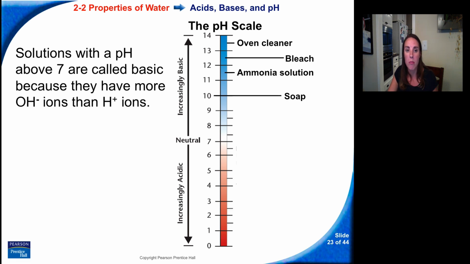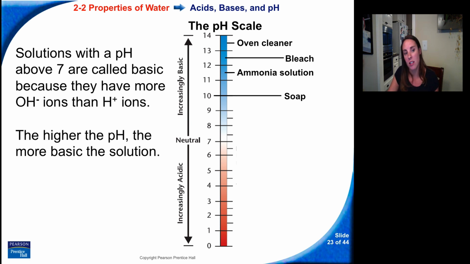Solutions with a pH above 7 are called basic because they have more hydroxide ions than hydrogen ions. The higher the pH, the more basic the solution. So as we go up, this is more basic, so they have more hydroxide ions and fewer hydrogen ions.